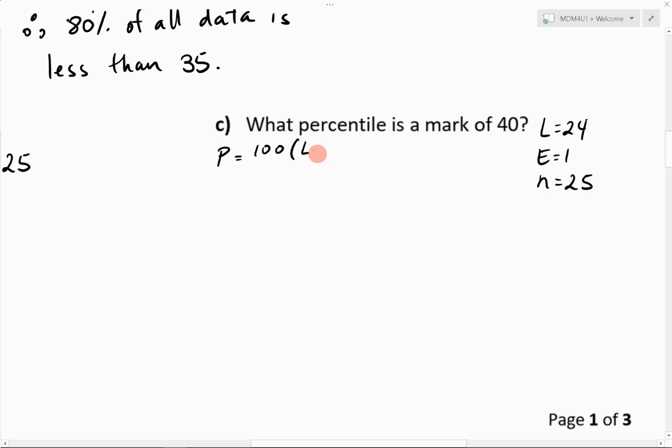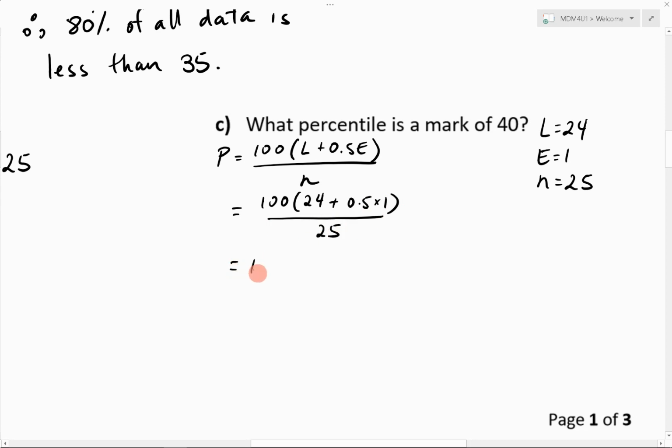Plugging in my numbers into L plus 0.5 E divided by N, 100 times 24 plus 0.5 times 1, all divided by 25. My bracket resolves to 24.5, and I divide by 25, and that is equal to 98.